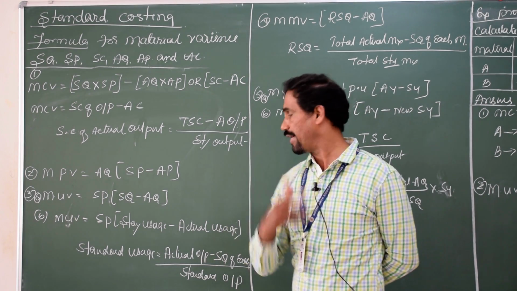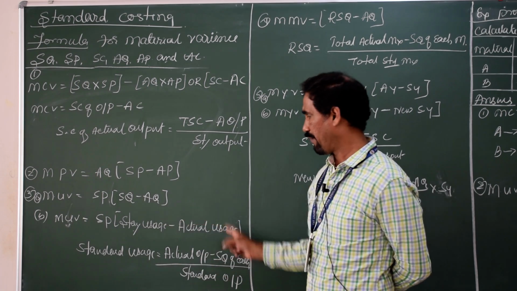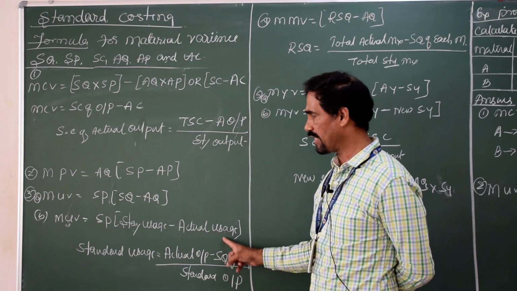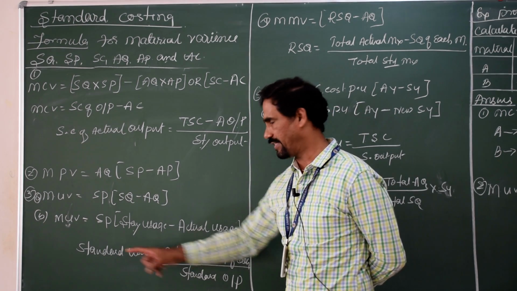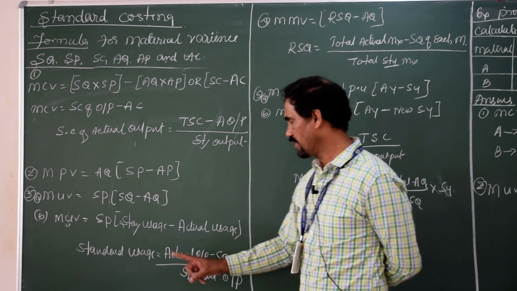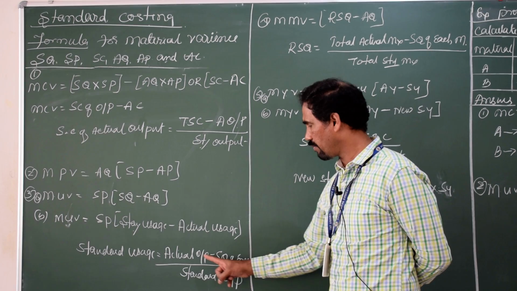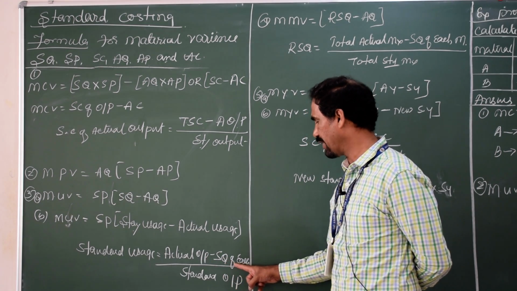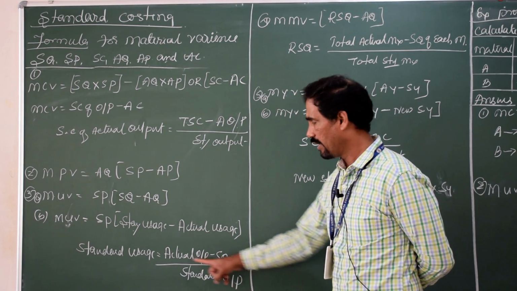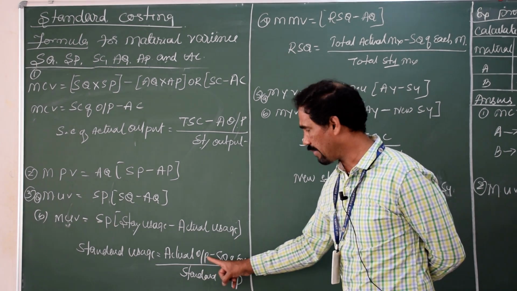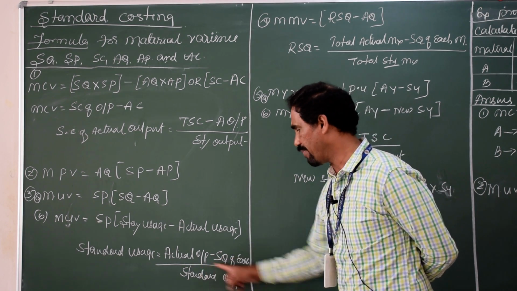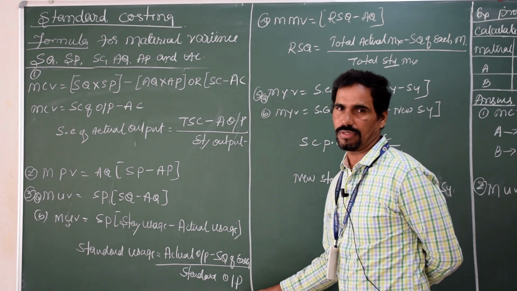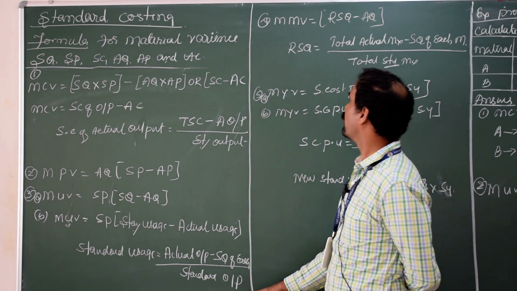How to find standard usage? If it is not given, depending on the formula you should find it out. Standard usage equals actual output into standard quantity of each material, divided by standard output.